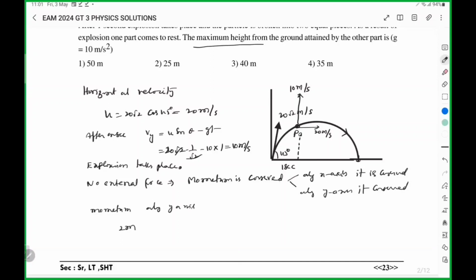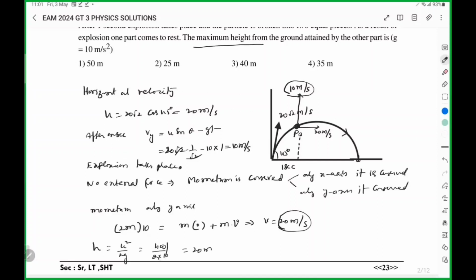Just before the explosion in the y direction, its velocity is 10. After the explosion, m into 0, and m into v. So the particle moves in the y direction with 20 and it rises to a height of 400 by 2 into 10, that is 20 meters.